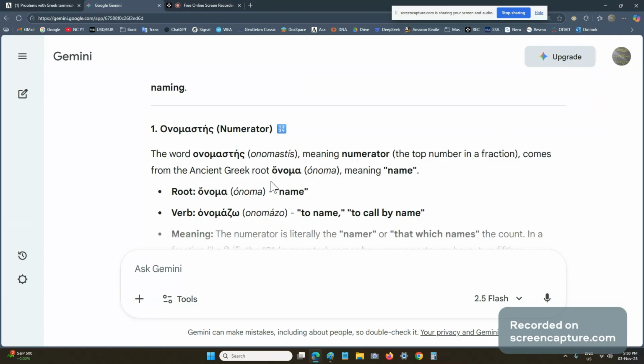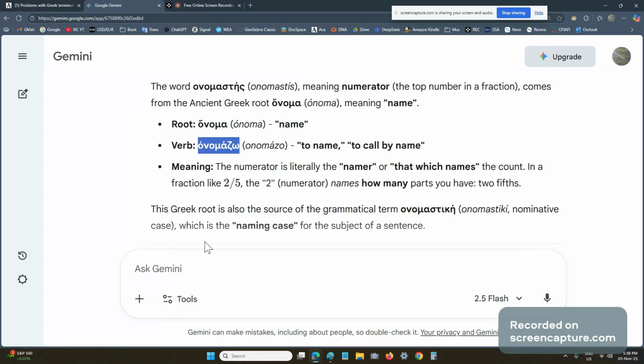So the Greek root word onoma means name. And when you say onomazo, it means I name or I call by name. So the numerator is literally the namer, or that which names the count. But this is what I have a problem with.